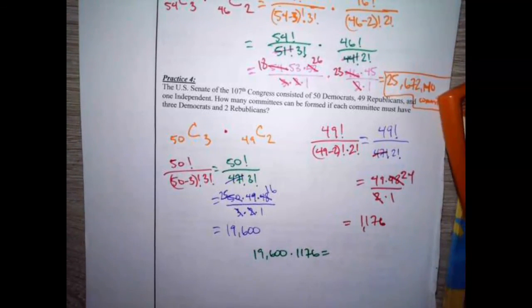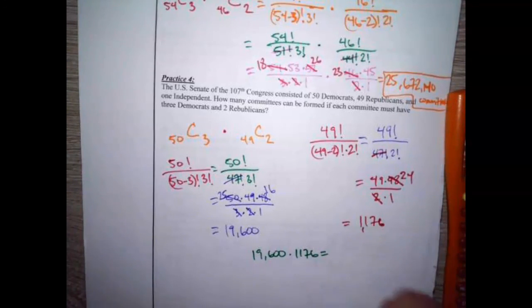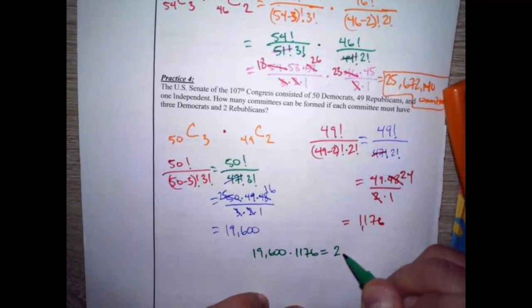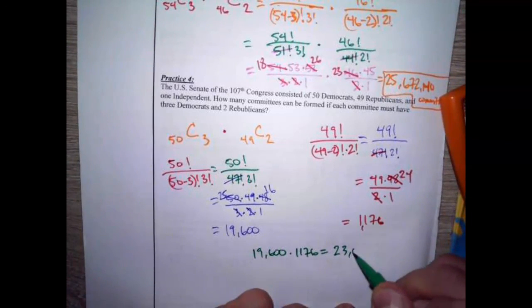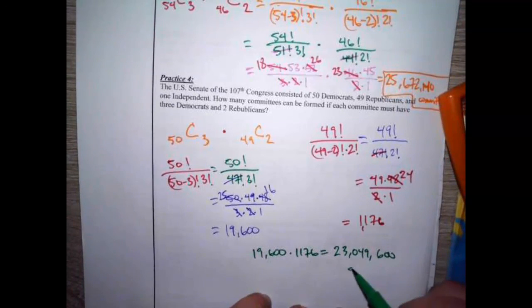So again, combinations and fundamental counting principle. 19,600 times 1,176, and it's 23,049,600 different committees.